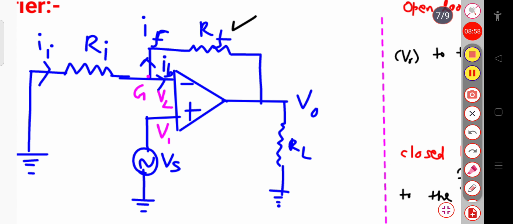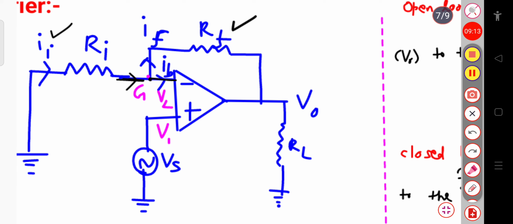Here at this point, if I apply Kirchhoff's current law, you can see II will be equal to IF plus IB. So the current at this point, IF plus IB, is equal to II.